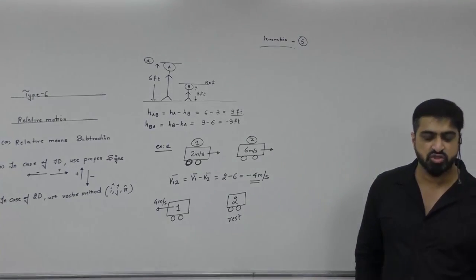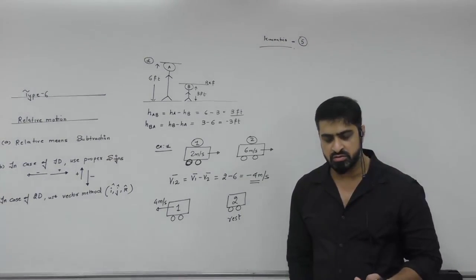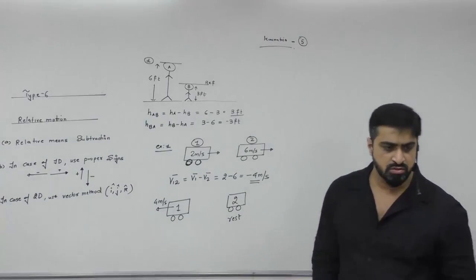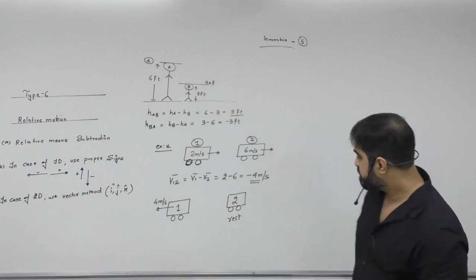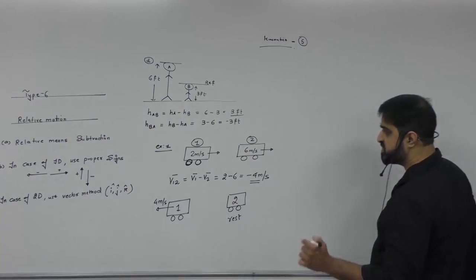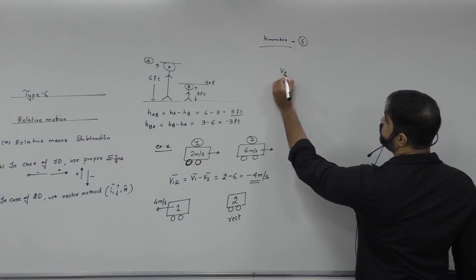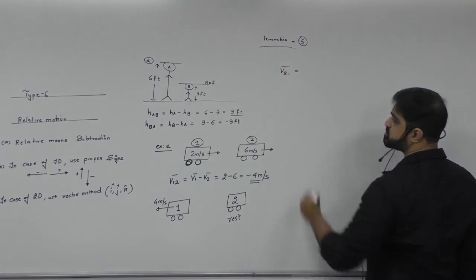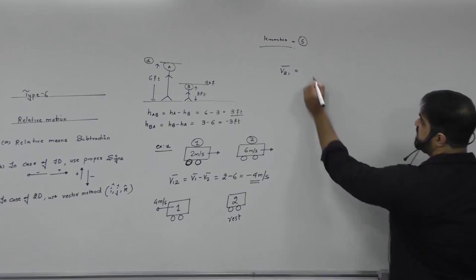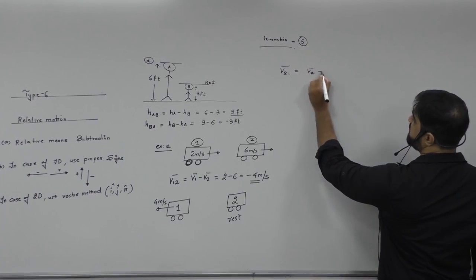Are you getting it? Please stop writing a lesson over here. Next thing. If I want to find velocity of 2 with respect to 1, it will be V2 bar minus V1 bar.